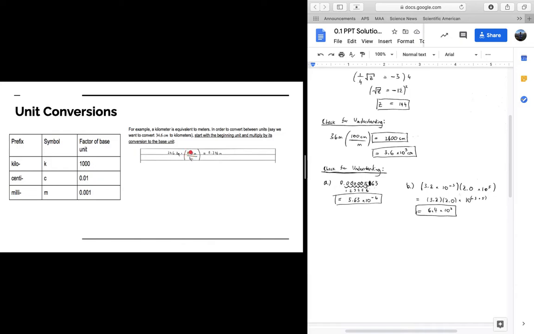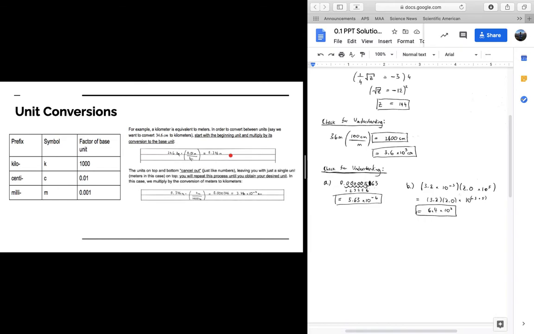So you can either multiply by 0.01 or divide by 100, both of which are equivalent. So as a result, the centimeters are going to cross out, and you're going to have 34.6 times 0.01, which gives you 0.346 meters.